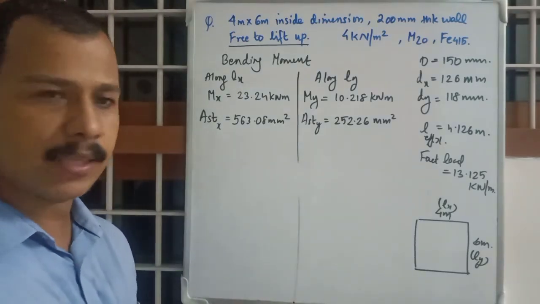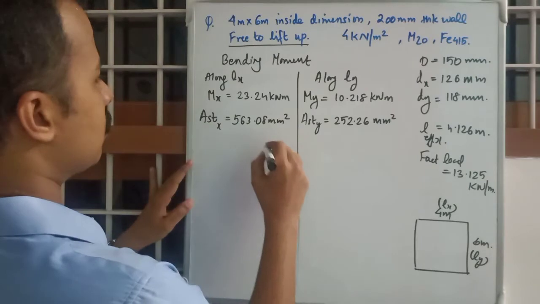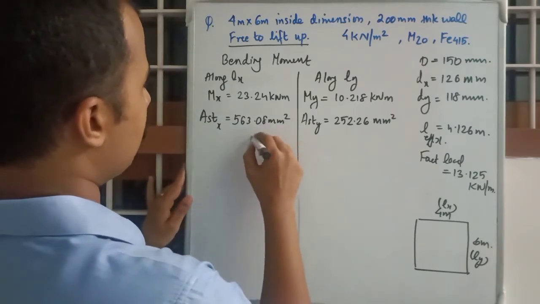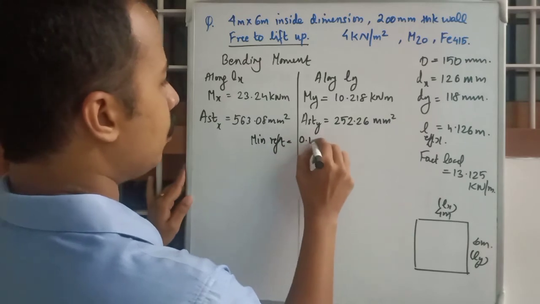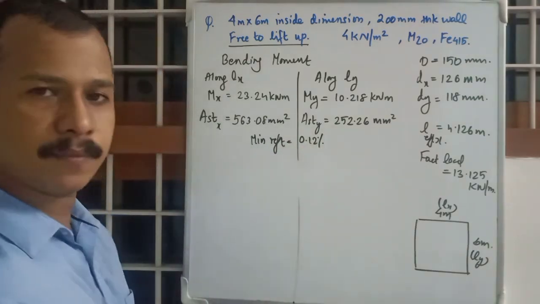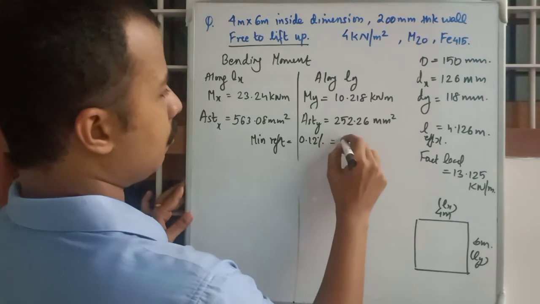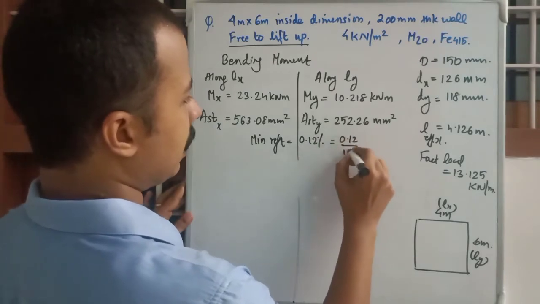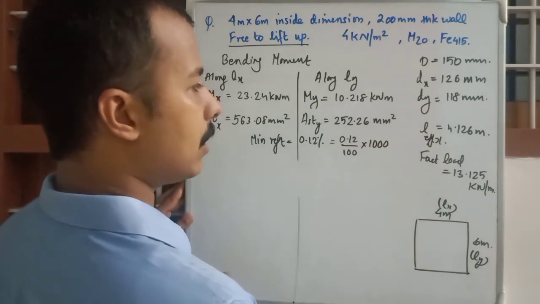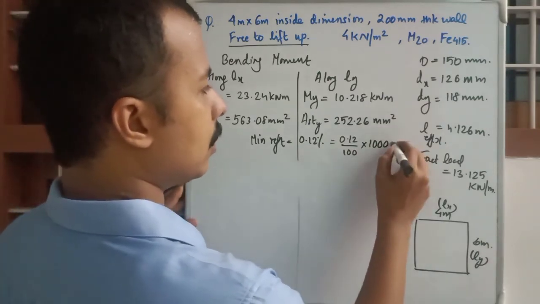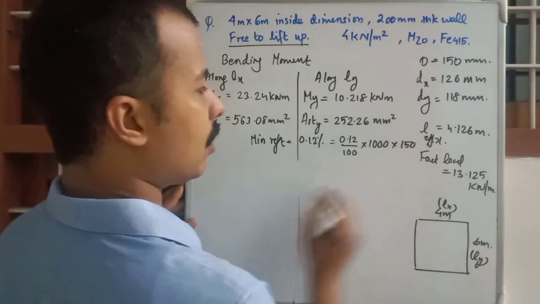Minimum reinforcement, as always. Minimum reinforcement is 0.12 by 100 into b into D. b was 1000, D is 150.